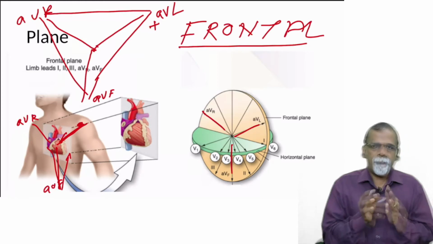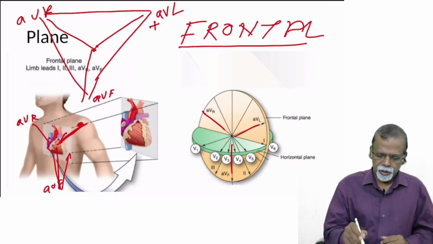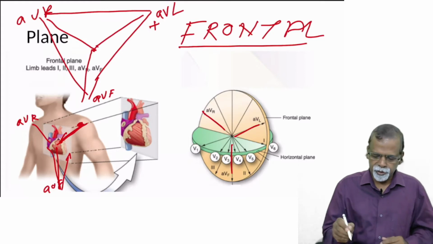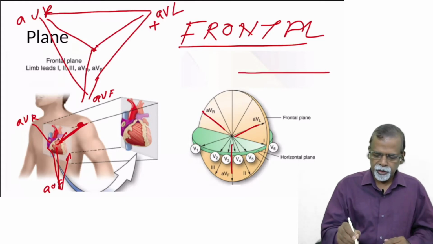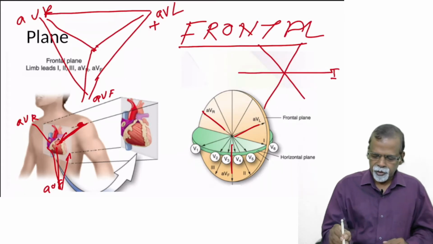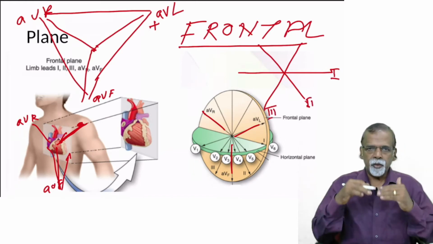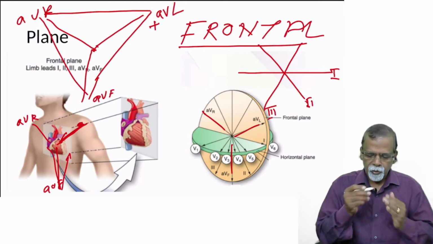Previously we have drawn the Einthoven's triangle. We have modified it to a triaxial system. So here this is lead 1, this is lead 2, and this is lead 3. We can keep the unipolar leads also here.